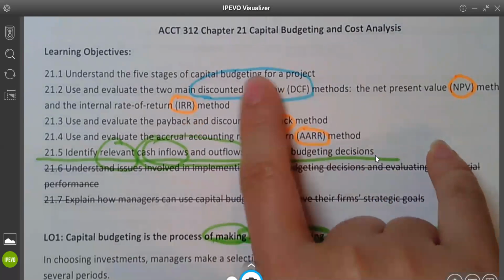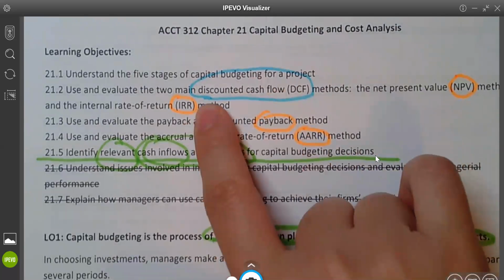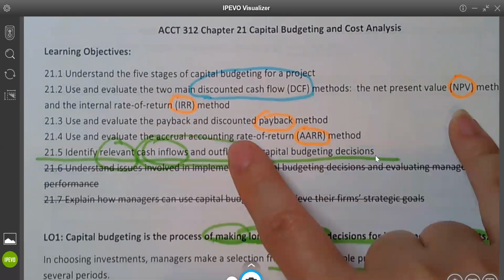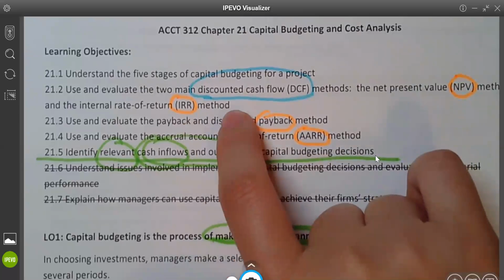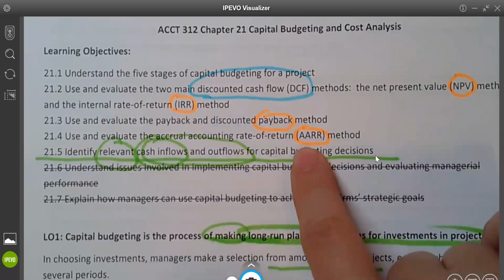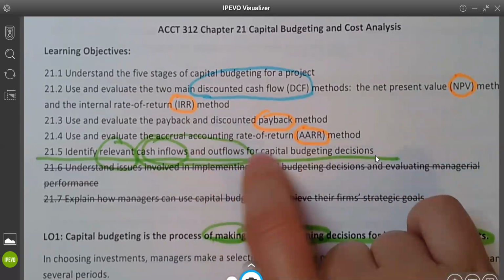They focus on cash flow, but we have to discount it back to the present value. Specifically, the two methods are the net present value method and the internal rate of return method. Our third method is the payback method, and the fourth is the accrual accounting rate of return method.